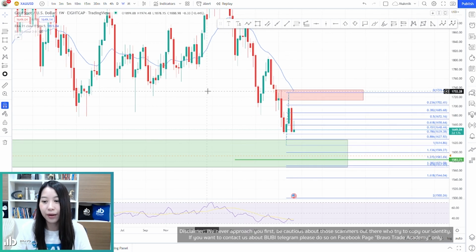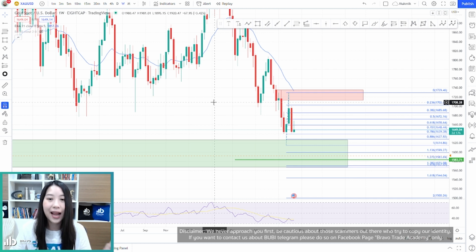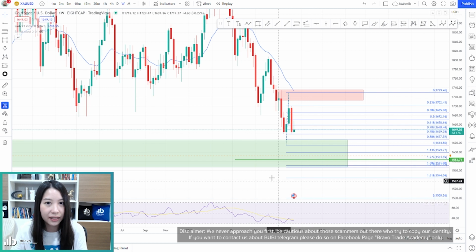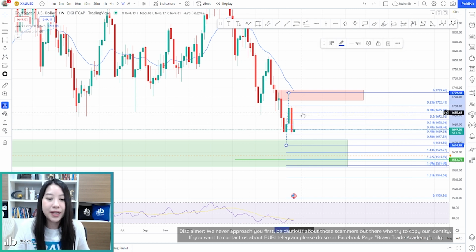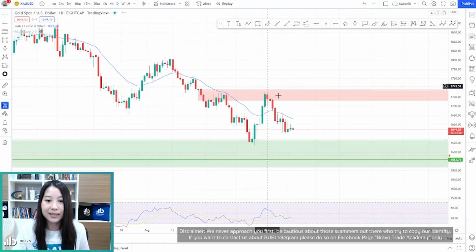The first target would be at 1585, something around that, and you need to check the momentum as well, so it has to make the classic divergence here in the weekly time frame. But that's a very big picture. That's the first target we could look forward to if the price continues in the downtrend. What about the daily time frame?